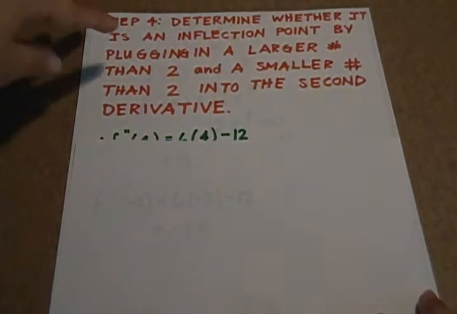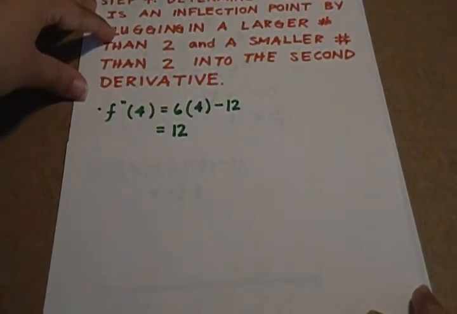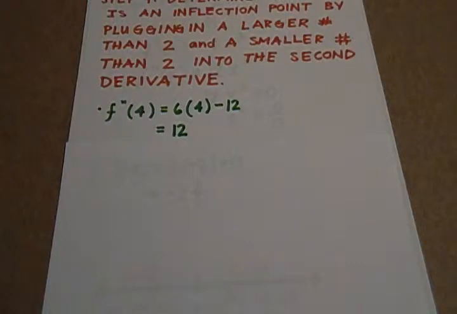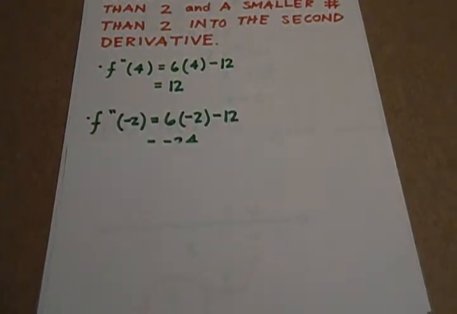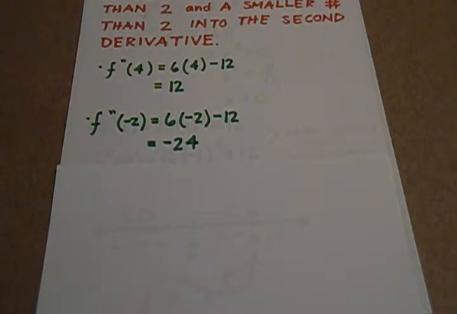So here I plugged in 4 and got a positive number, and for the smaller number I plugged in -2 and got a negative number.